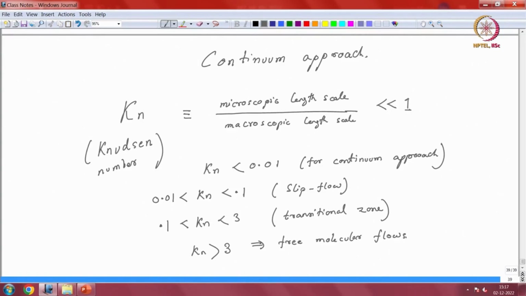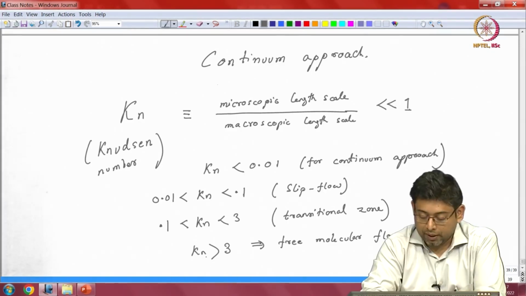Molecules usually don't interact with each other that much at all, and hence the name free molecular flows. Where would you encounter such flows? Well, I hope you remember the image of the nebula that I showed you in one of the classes. That would fall at a Knudsen number which has a very high value to it, and hence the traditional techniques of tracers, etc., cannot be used.